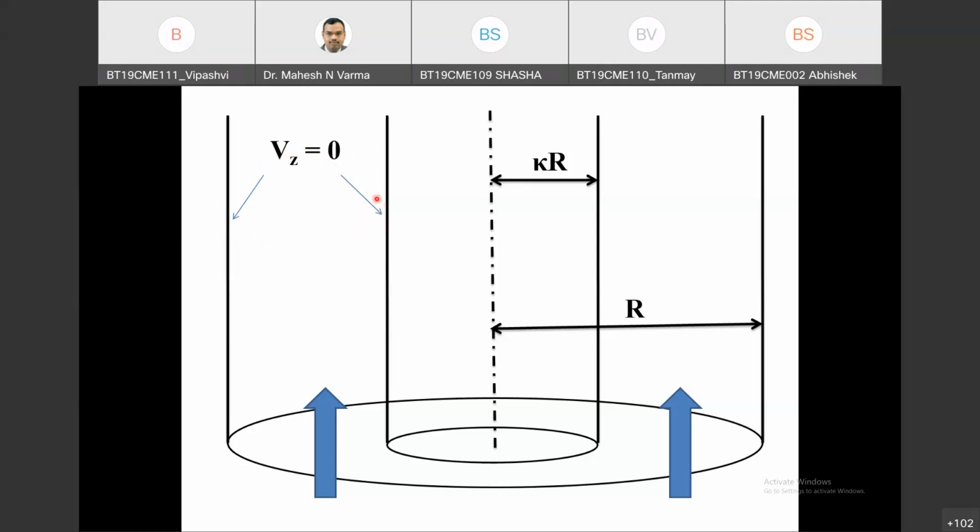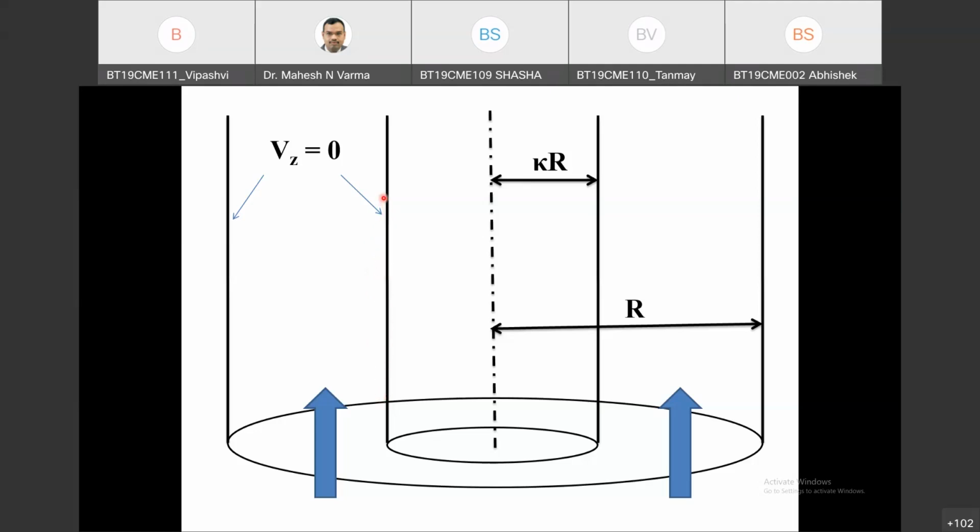Here also it will increase and decrease, but this maximum velocity front will not be at the center, because the area of the resisting surface is not the same. The inner surface area is smaller.